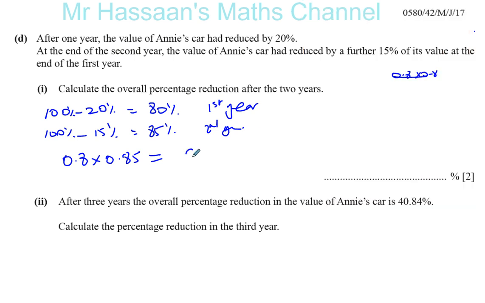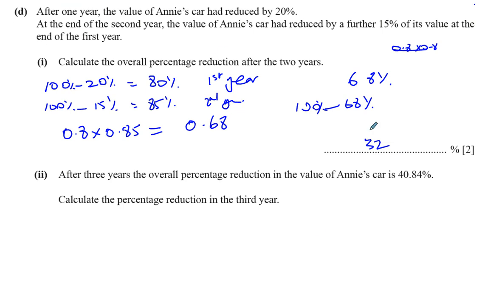Okay, so it's 0.68 of its original value. All right, so that means it's 68% of its original value, that means it's reduced by 100% minus 68%, which is going to be 32%. So the overall percentage reduction over the 2 years is 32%.